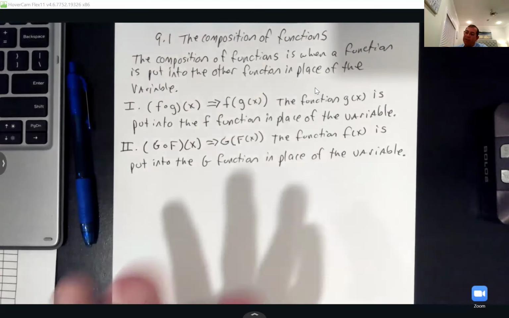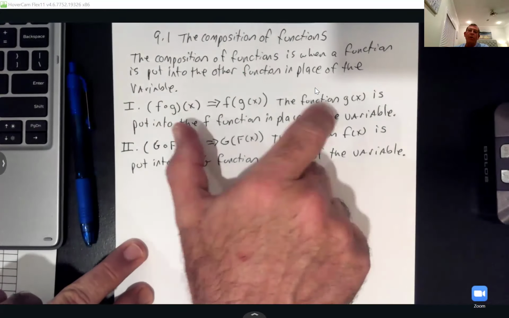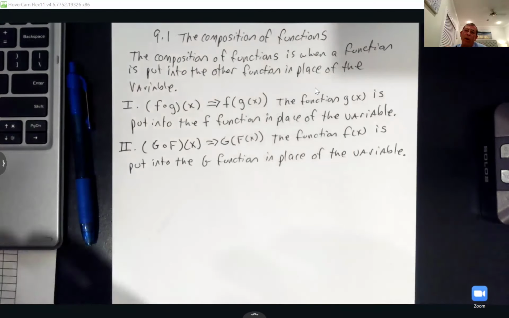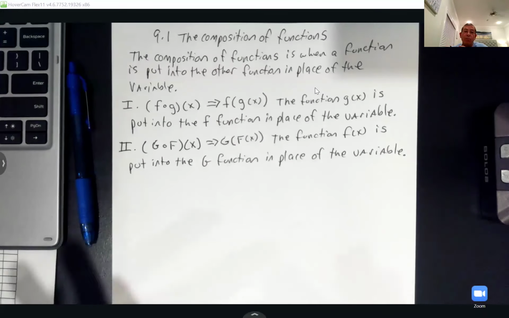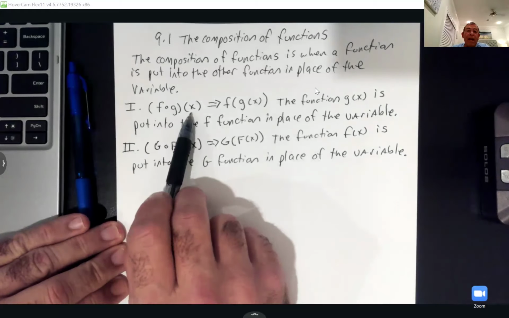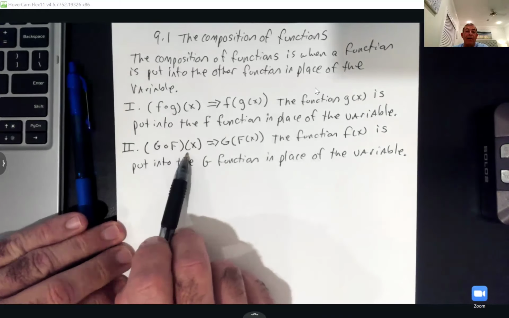Now, the second part of the homework, we'll be doing this without them giving us numbers. But for the first, I think the first three problems, they actually give you numbers, and they'll do like an f of g of 5 or a g of f of 5.